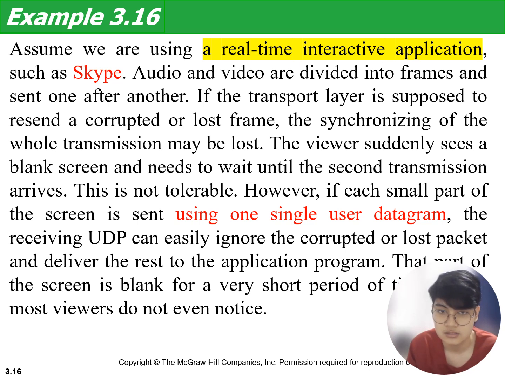This is not tolerable. However, if a small part of the screen is sent using one single user datagram, the receiver UDP can easily ignore the corrupted or lost packet and deliver the rest to the application program. That part of the screen is blank for a short period, and most viewers don't even notice.